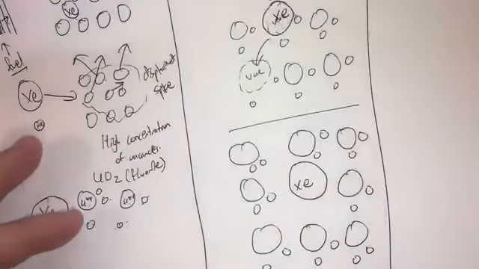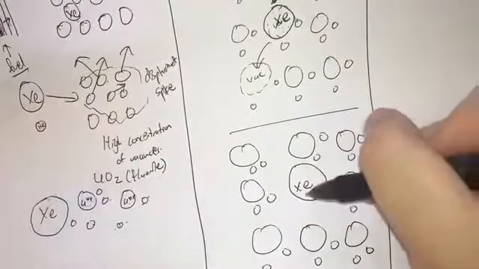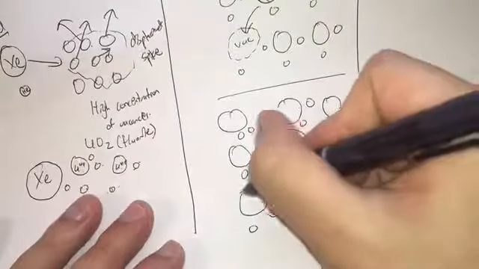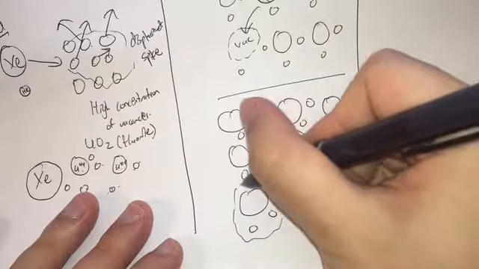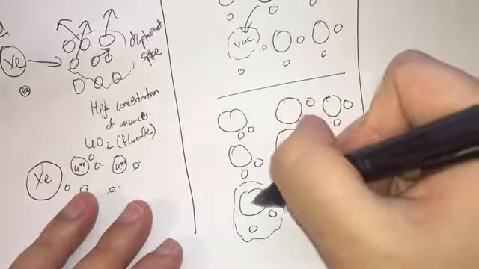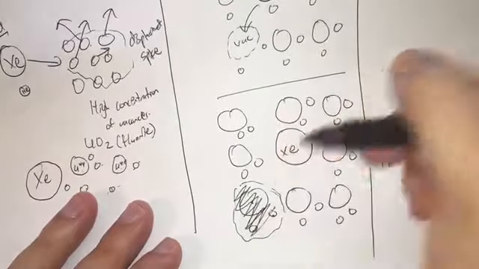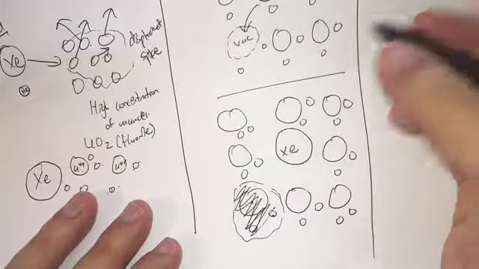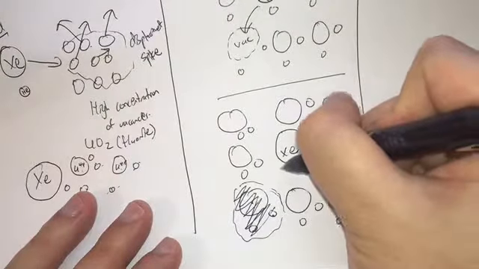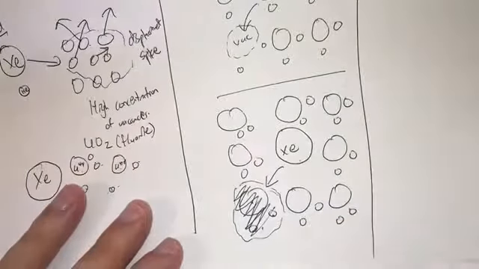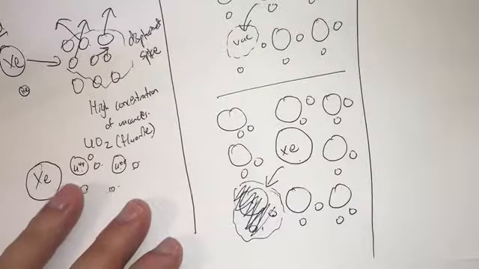Xenon will be trapped here, unless there is a site, so let's say a vacant site here, where the uranium and the oxygens are completely missing. Only then can a xenon hop into this spot, so to speak.